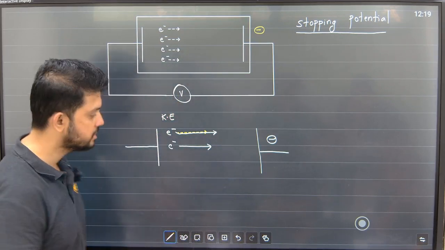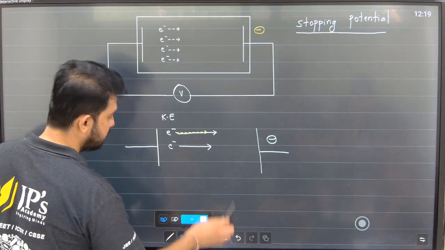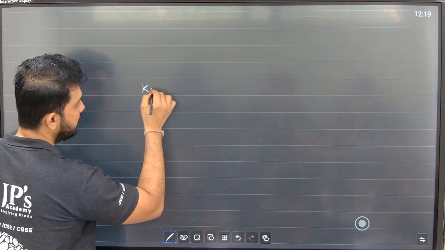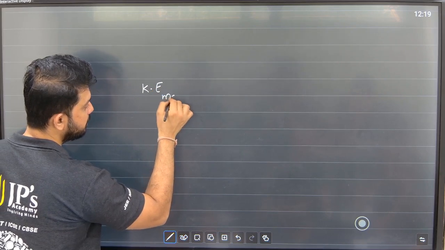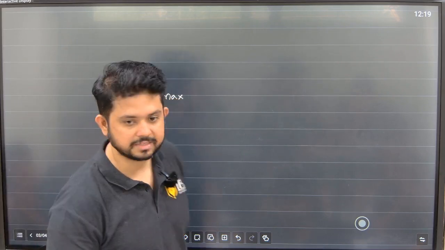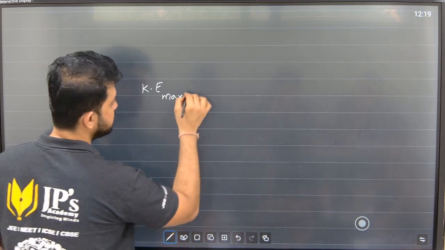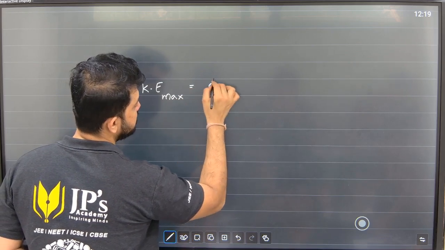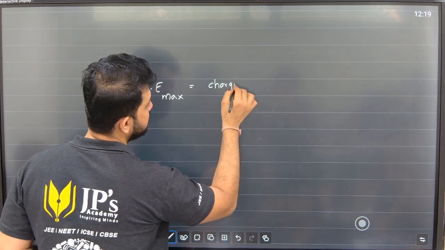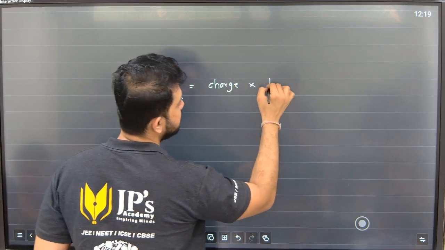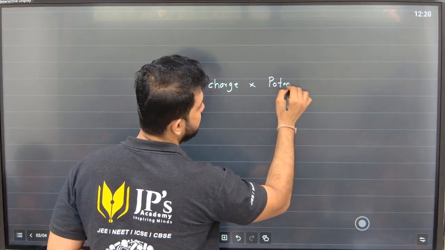This energy is called its kinetic energy, Kmax. And this Kmax is given by the expression: the charge on the particle into the potential applied.